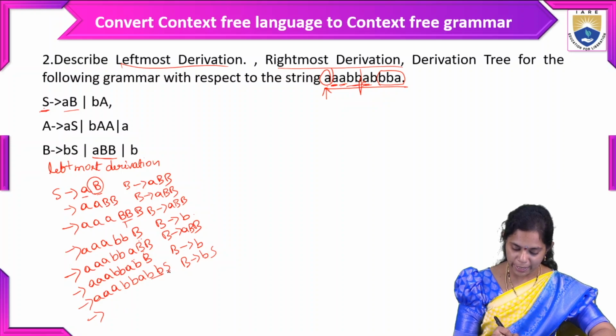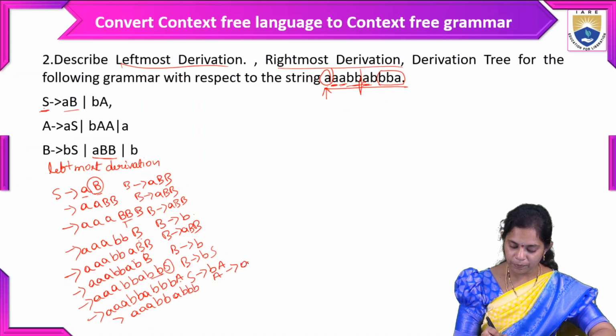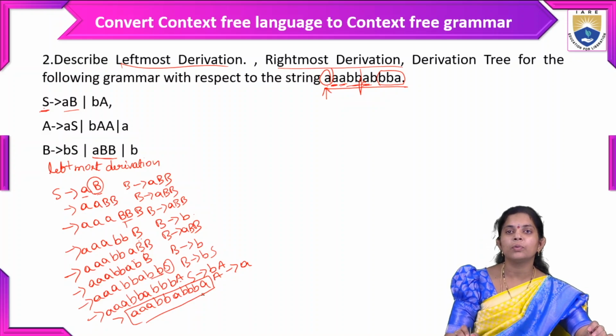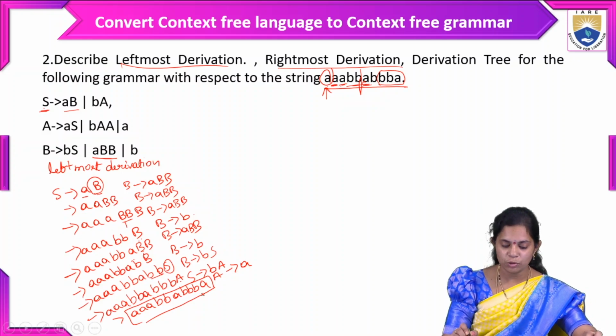For the B A, we need to substitute the S with B A. Then we will get the string we have to derive: A, B, B, S tends to B A. And again triple A, B, B, A, B, triple B, and A tends to A. So here we derived the string by leftmost derivation.